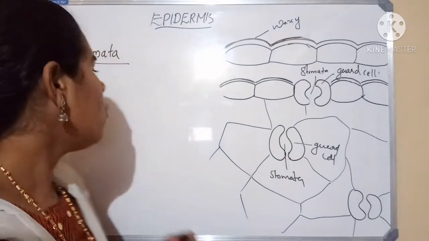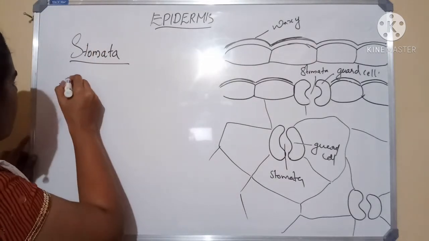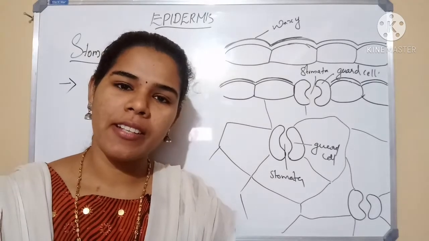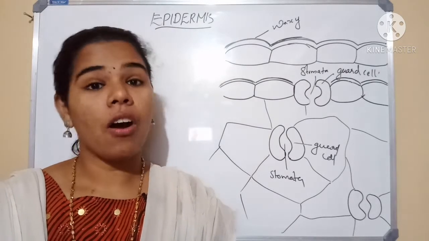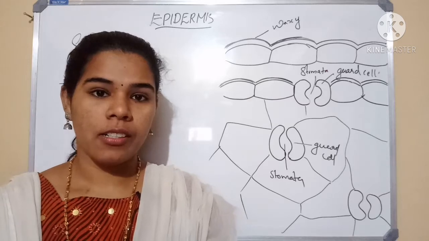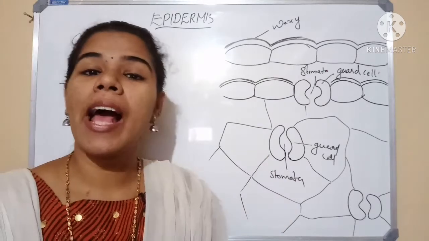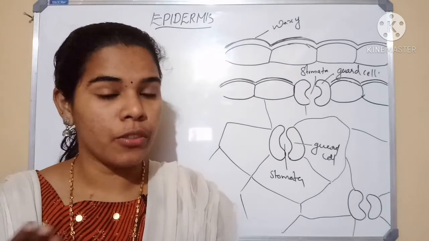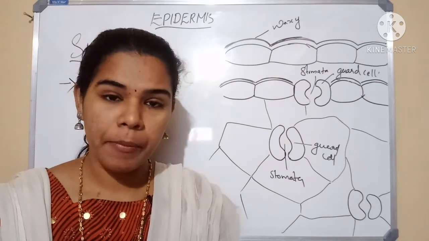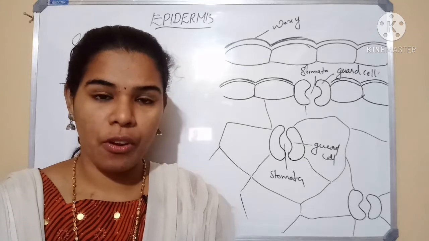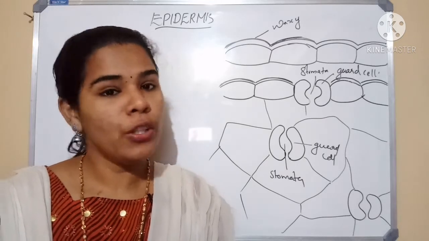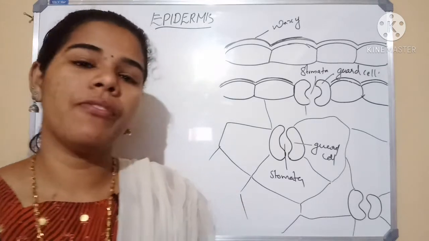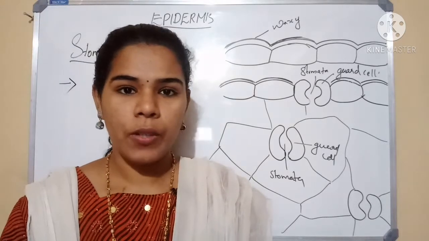This stomata has a main function. What are the functions of stomata? You already learned about it. The small opening helps to exchange gases during photosynthesis and in the day-to-day life of the plant. We know the plants need oxygen for all their purposes.